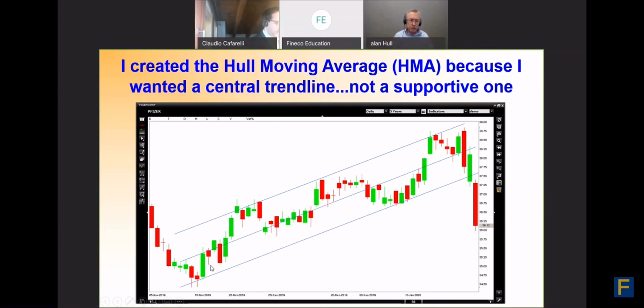What's actually happening is that the extreme bulls in the market will buy it up. They will take the price away from that central line. Then it will go back, and then the extreme bears, the most pessimistic people in the market, will sell it down, and they will take it to that extreme. But it will oscillate around that central trend line, and it usually does so in a linear manner.